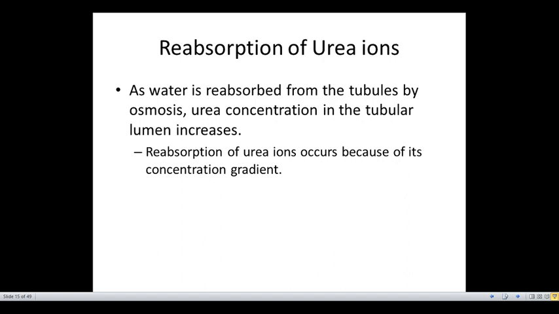Now let's study the reabsorption of urea. As water is reabsorbed from the tubules by osmosis, urea concentration in the tubular lumen increases, just like chloride ions. Reabsorption of urea occurs because of its concentration gradient from the tubule into the epithelial cell.